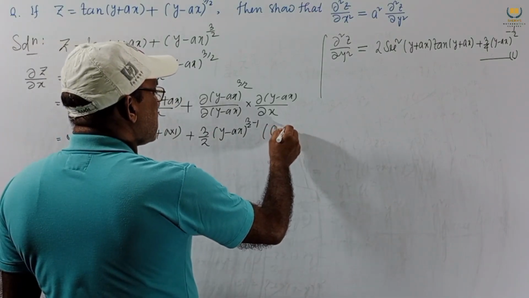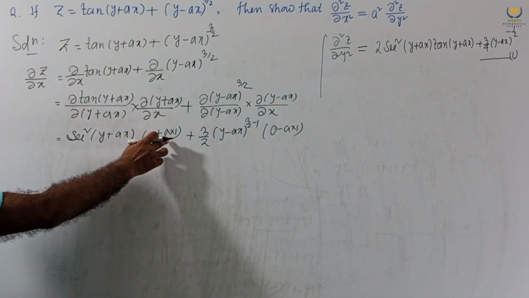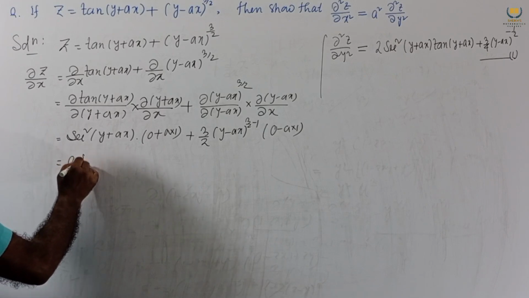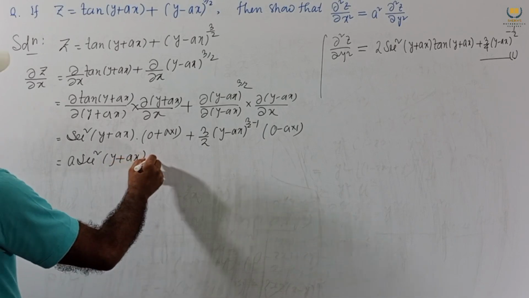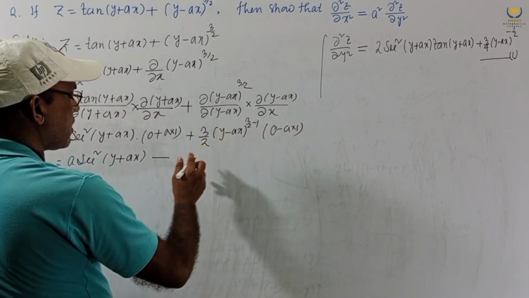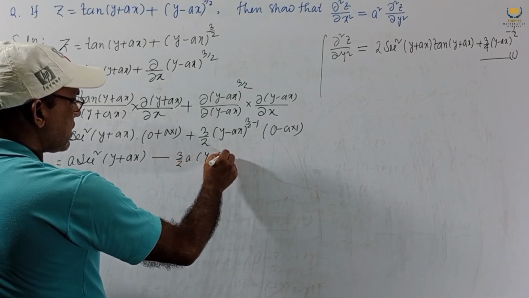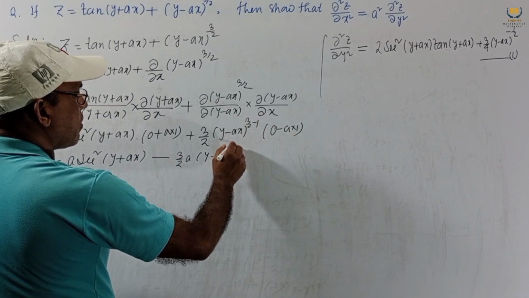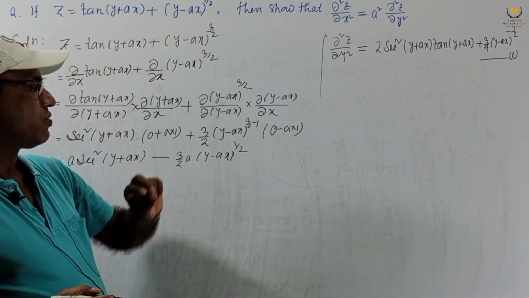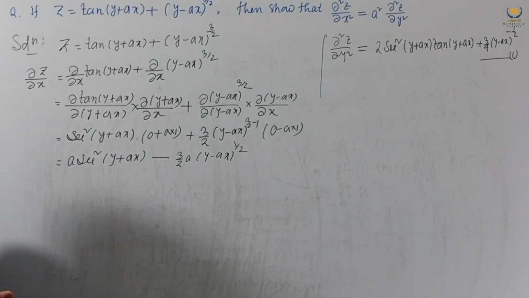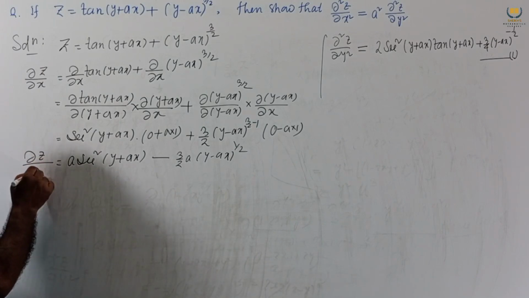And this is 0, this is minus a into 1. So ultimately we get, taking a outside, a sec square (y plus ax) minus 3 by 2 a (y minus ax) to the power 1 by 2, because the LCM is 2, 3 minus 2, 1 by 2. We get this one.